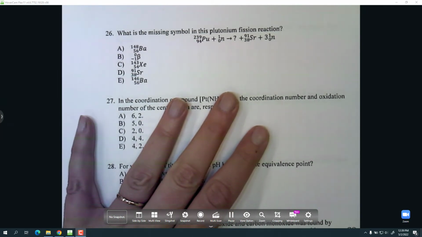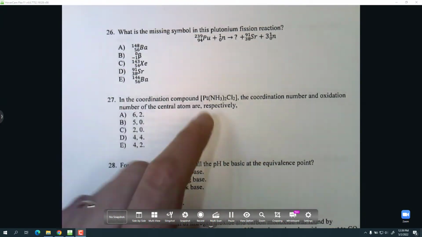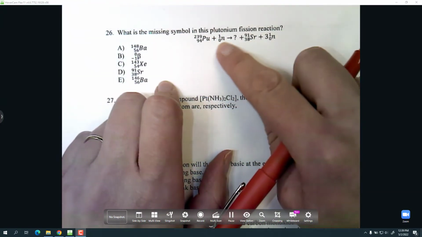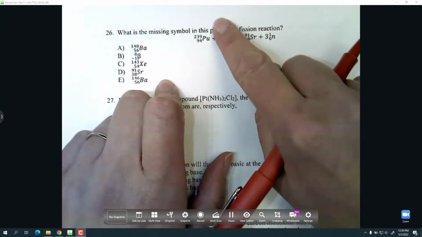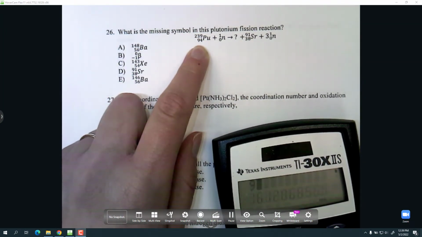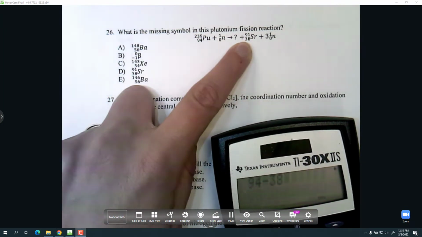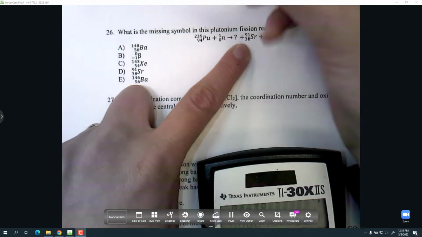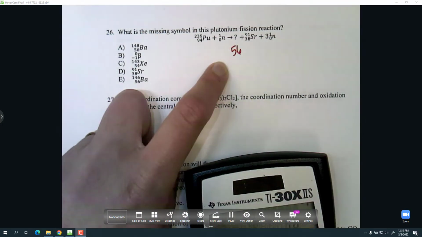All right, balancing a nuclear reaction. So remember, I want the bottom total to add up on both sides and then the top total. So 94 on the left, and right now I just have this 38 on the right, so I need 56 on the bottom.